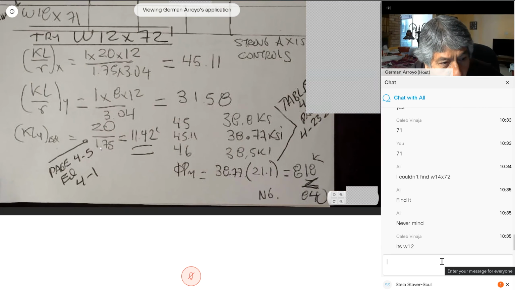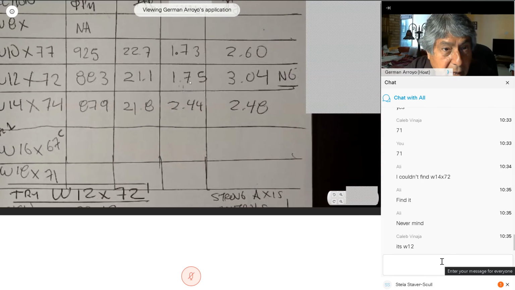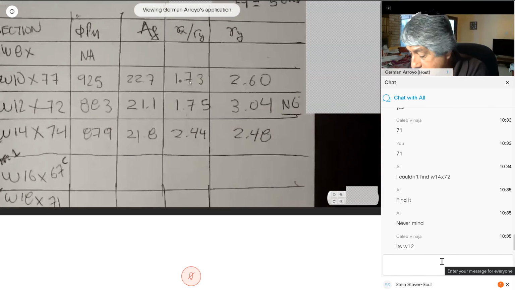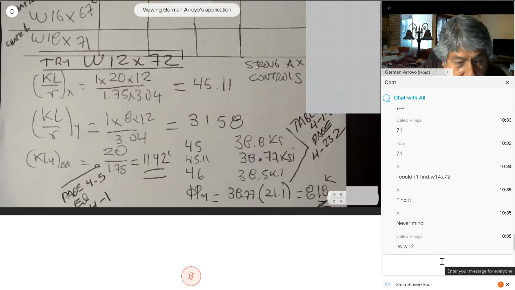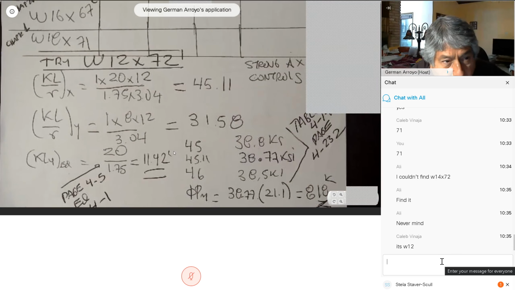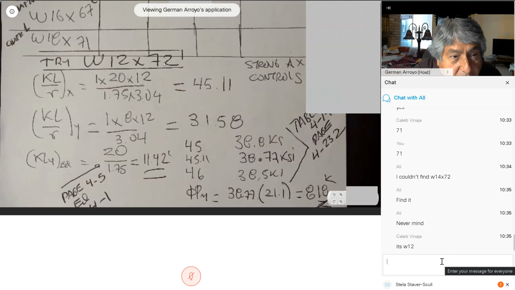Finding the equivalent Y for the X side, the 20 divided by Rx over Ry. You can see it in here, Rx over Ry. And so it gave me 11.42. A quick check: you go to the same table where you found the W12 by 72. To find the W12 by 72, what do you use?